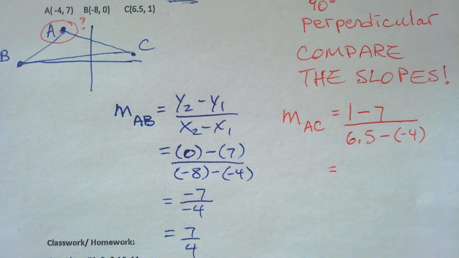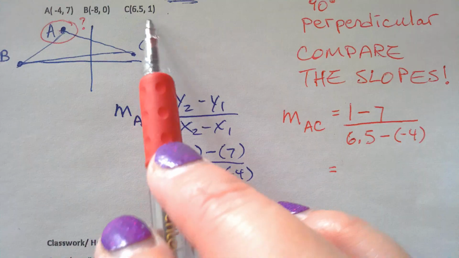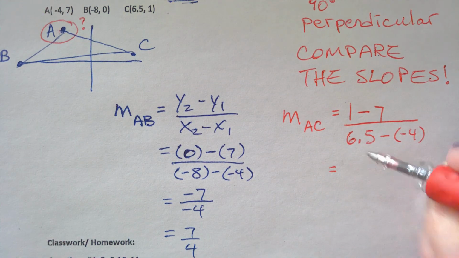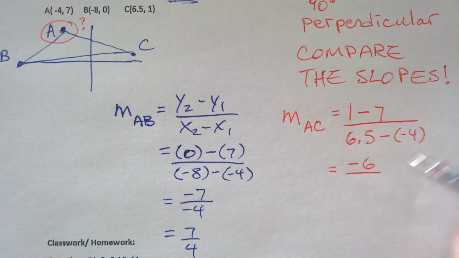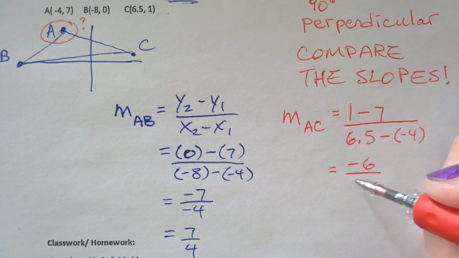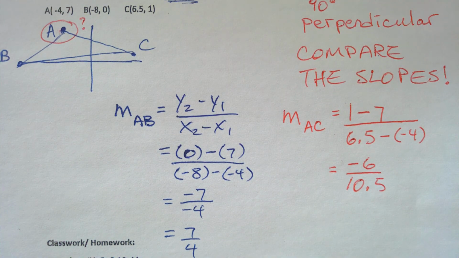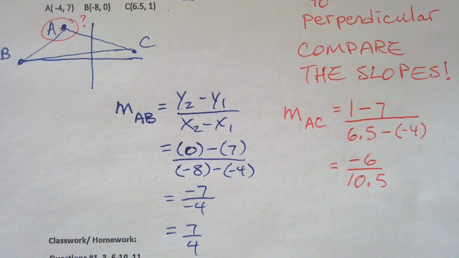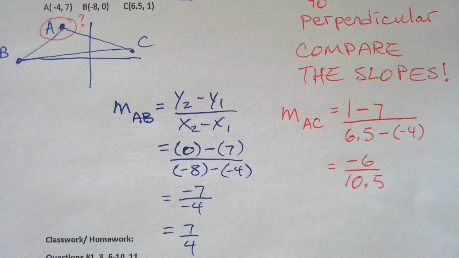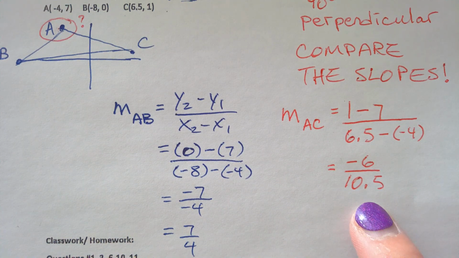I can use decimals here because my question had decimals. So I get -6 over 10.5. So are they negative reciprocals of each other?